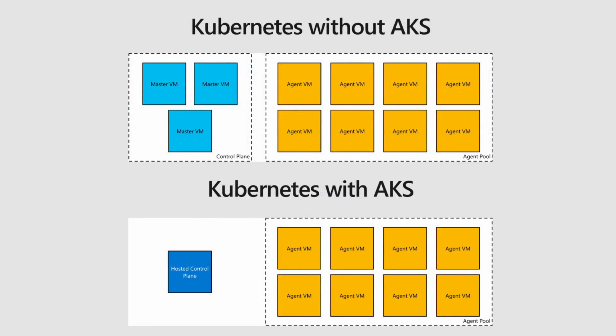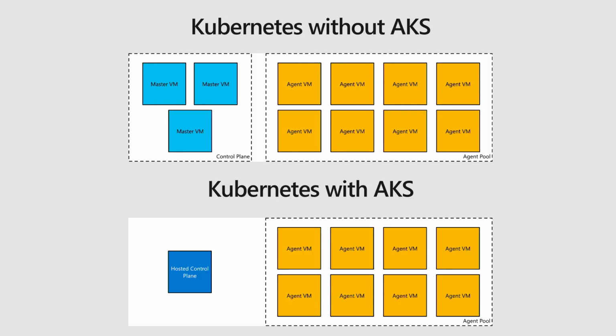So now the difference between having a Kubernetes cluster on-prem versus using AKS is this: when you have Kubernetes on-prem, you'll have to manage your control plane and your agent pool as well, so your Kubernetes administrator should be able to handle both of those workloads.